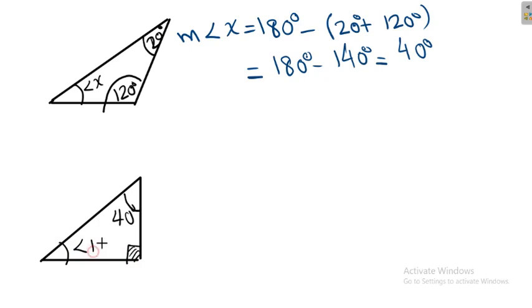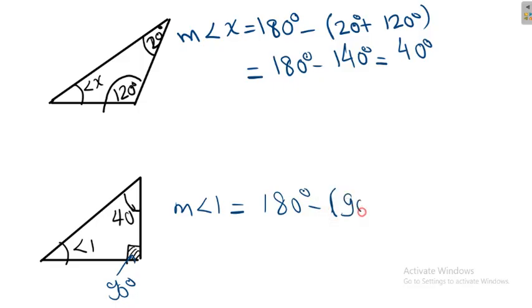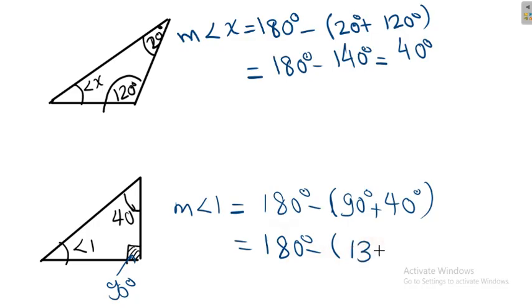What is the measure of angle 1? What is the measure of angle 1? This corner means that this angle is 90 degrees. So measure of angle 1 equals 180 minus (90 plus 40) degrees. It will be 180 minus 130 degrees. That will be 50 degrees.